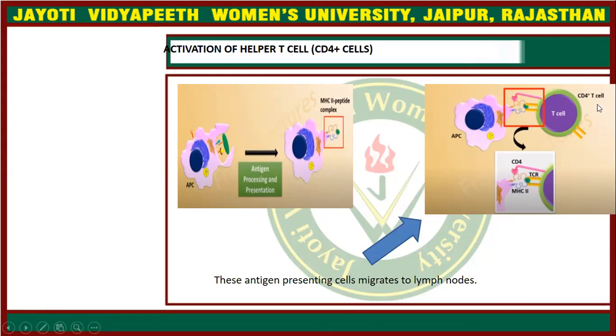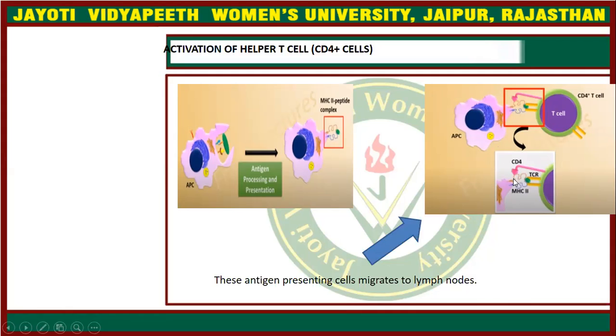The specific T cells against this antigen move to the major histocompatibility complex and bind to this major histocompatibility complex plus antigen specific T cell. After this binding, here we can see that this is the CD4 receptor.